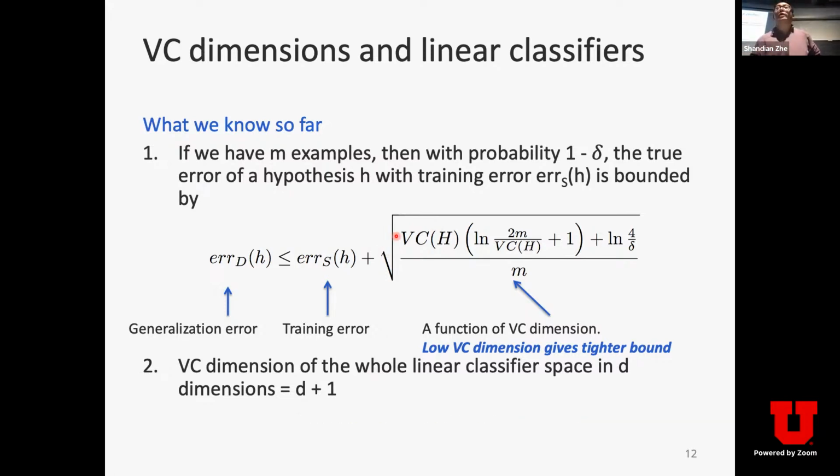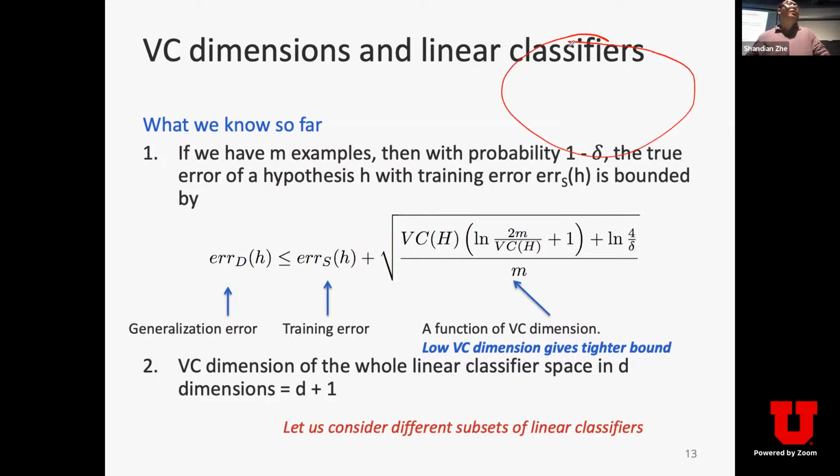Then how can we improve our linear classifier to tighten the bound? The key idea is as follows. Rather than search over the entire hypothesis space of linear classifiers, which you can view as this giant ellipse, I just search over a small subset of linear classifiers.